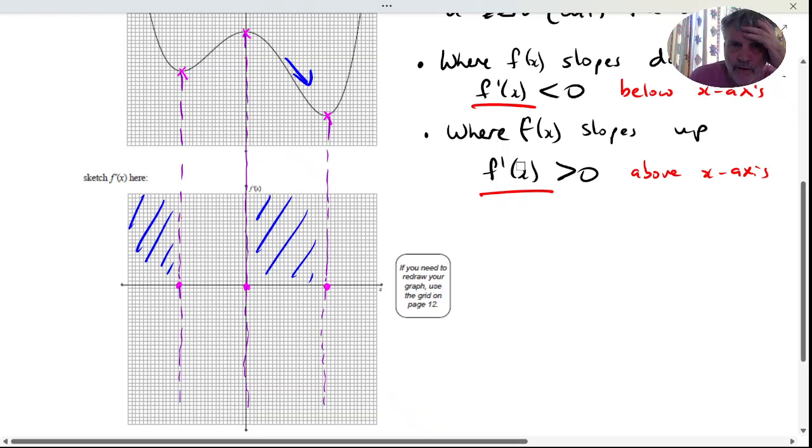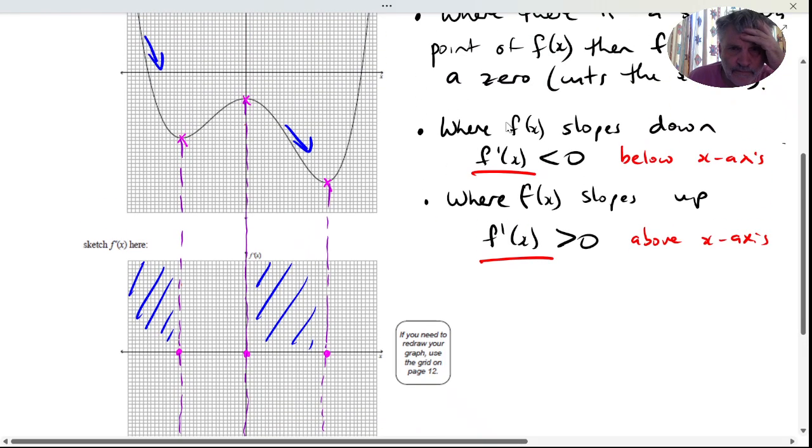And let's say red. We're going up here, we're going up here. That means those ones we can't be below the axis. We can't be below the axis.